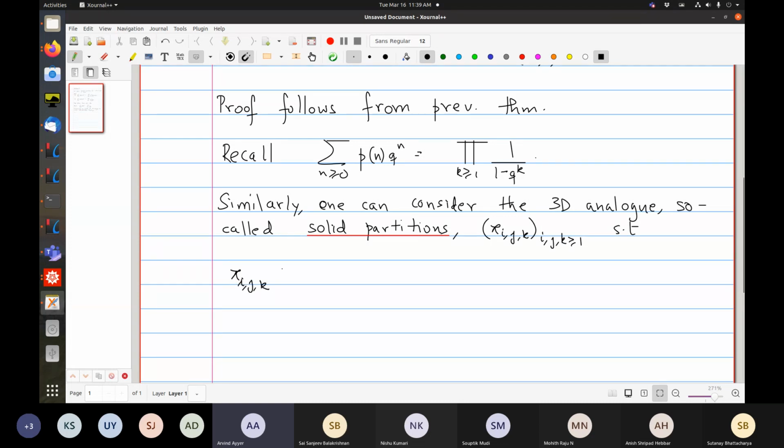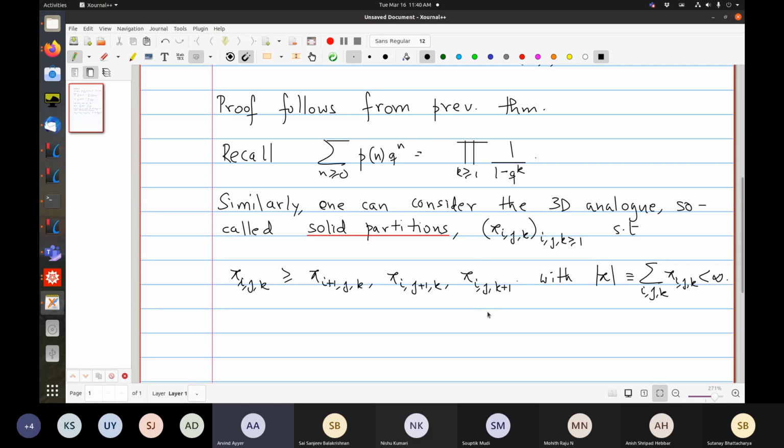So pi_ijk is greater than or equal to pi_(i+1)jk, it's also greater than or equal to pi_i(j+1)k and pi_ij(k+1). So it's weakly decreasing in all directions, and you think of this as an increasing array, with the size of pi being equal to the sum over ijk, being finite.